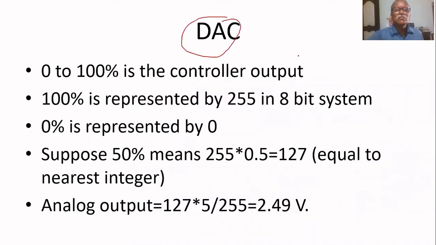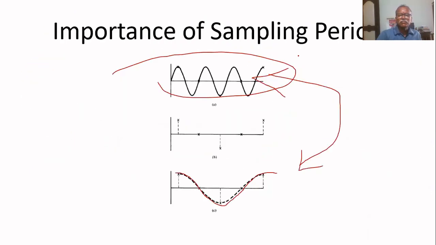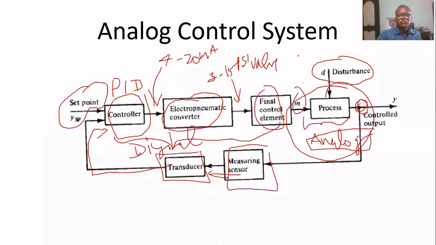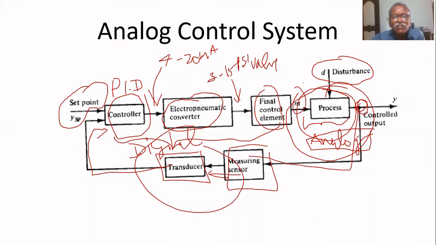DAC is a reverse process. Already we have seen that the process is analog. Once it is sampled, it can be converted into digital. Similarly, the controller is digital, everything digital. But after the final control element, this must be analog.